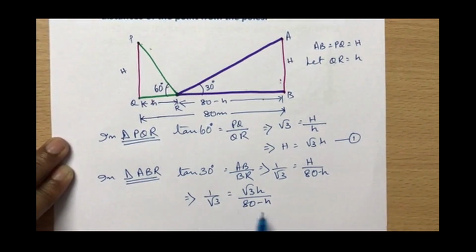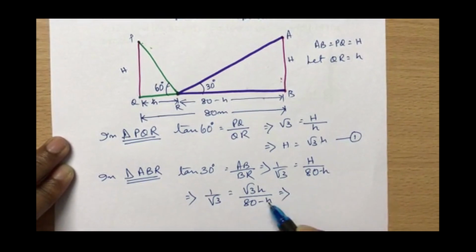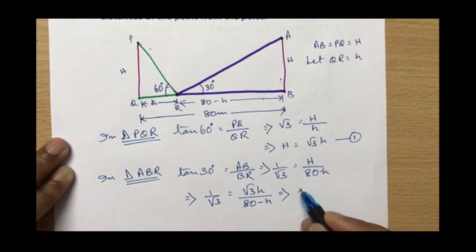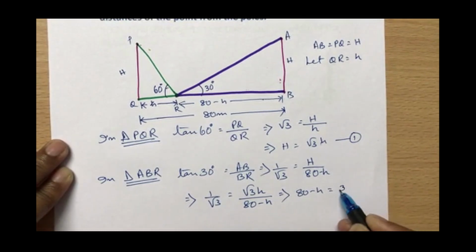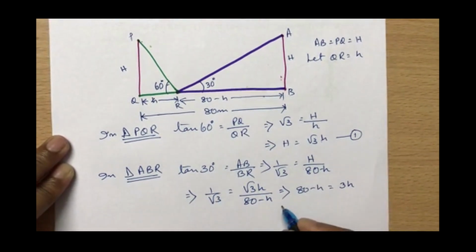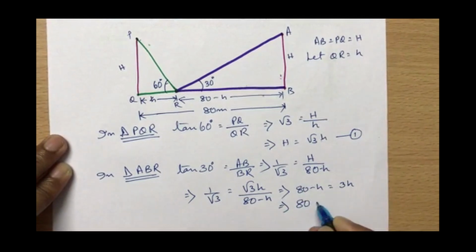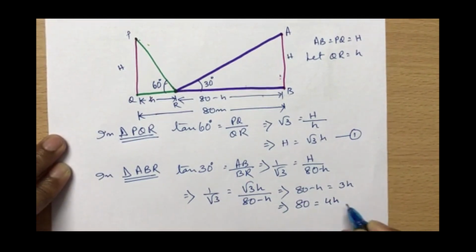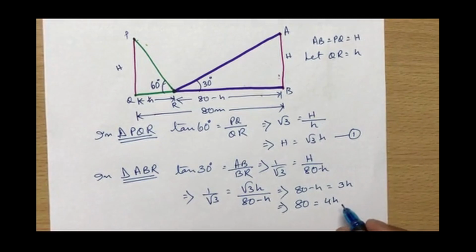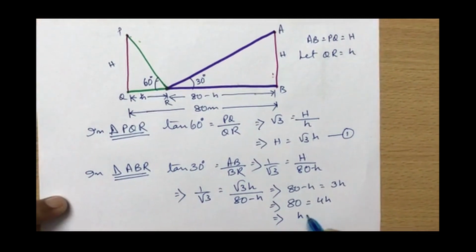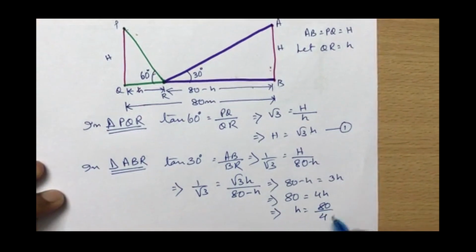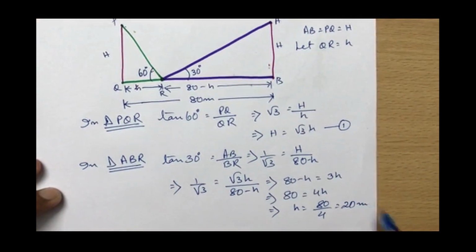So now let us cross multiply. So 80 minus h you have here, then root 3 into root 3 is 3h, or 80 is equal to 4h, which implies h is equal to 80 by 4, that is 20 meter.